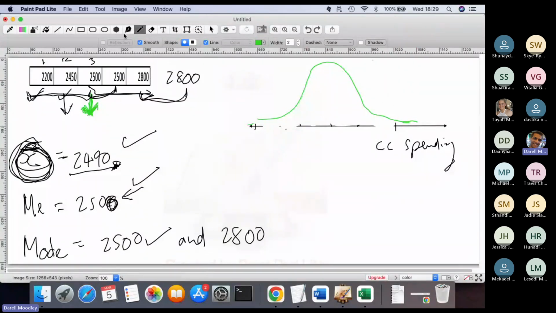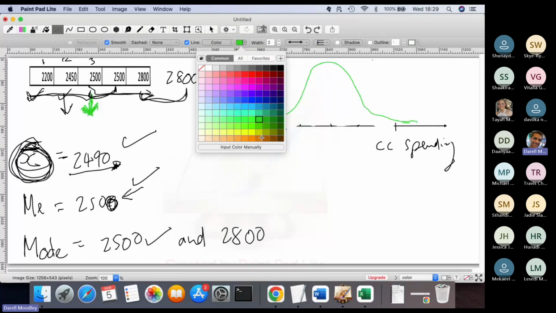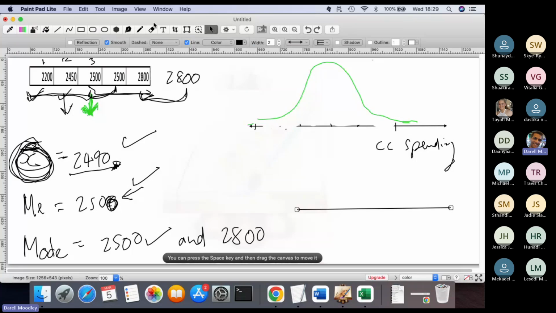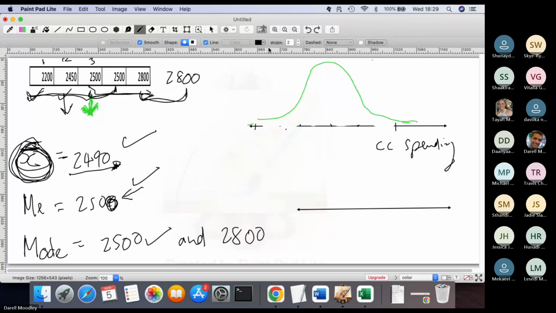You can also have the line looking something like this. Draw another version of it here. You can see they're shaped a bit differently.